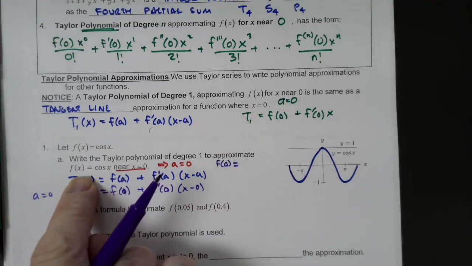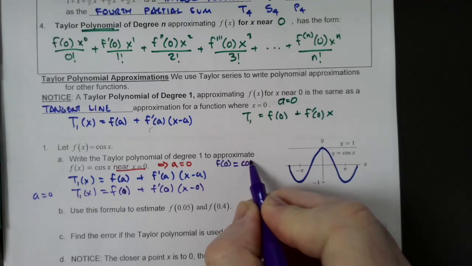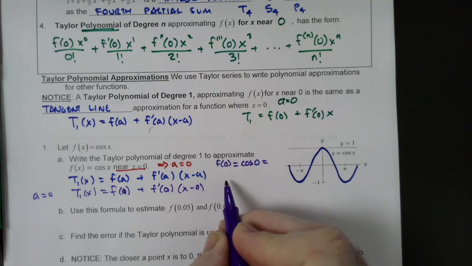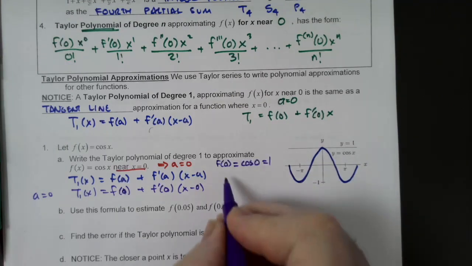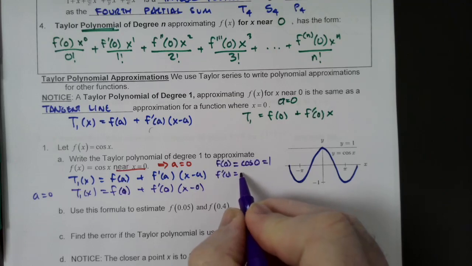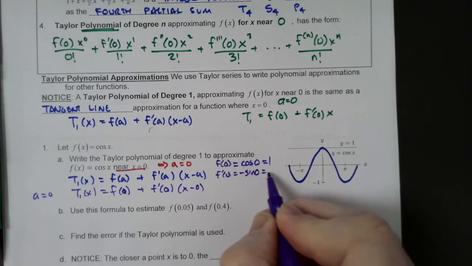All right, so if cosine is our function, what's the cosine of 0 going to be? Anybody? It is 1. And then our derivative of this, of course, is going to be negative sine. Negative sine of 0 is, of course, 0.